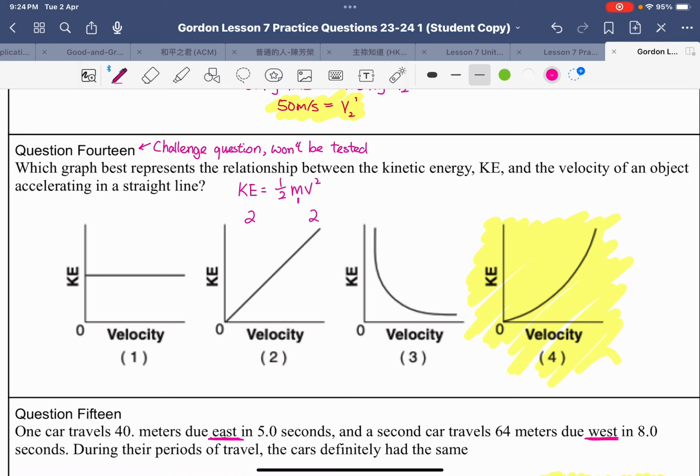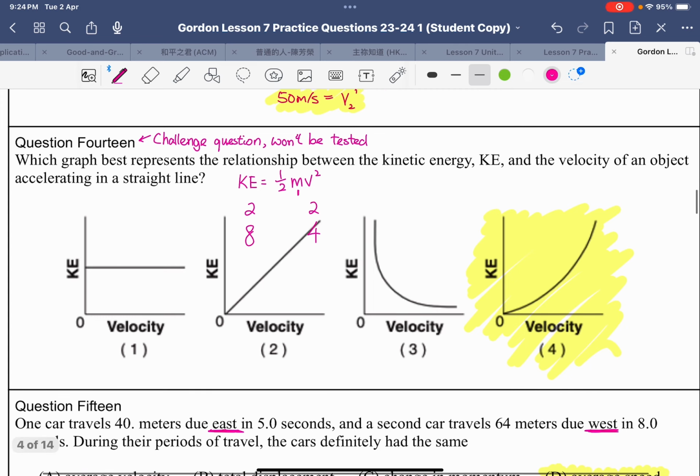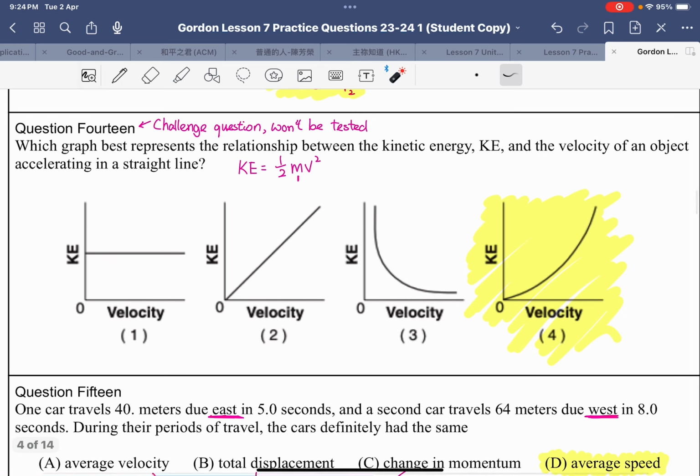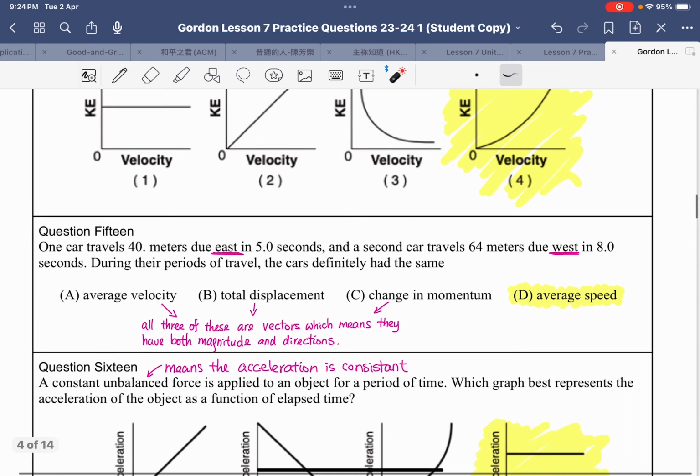And if velocity is 4, then this is going to be 8. So you can see how it is being doubled or quadrupled relationship. So it doesn't increase one by one nicely. So it doesn't increase in a straight line like that. Rather, if you increase the velocity by a little bit, the kinetic energy will be increased by a bit more. Instead of just doubling, it's quadrupled. I will show you that in a bit more detail later in the question.